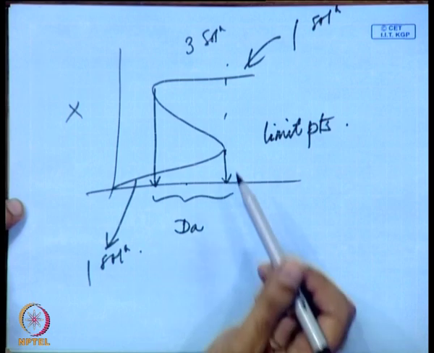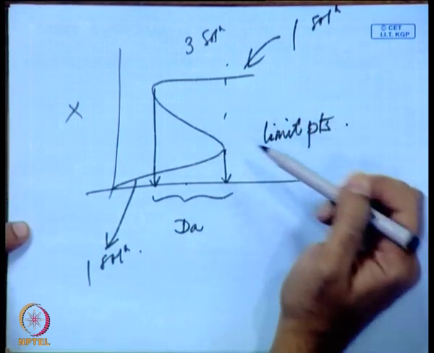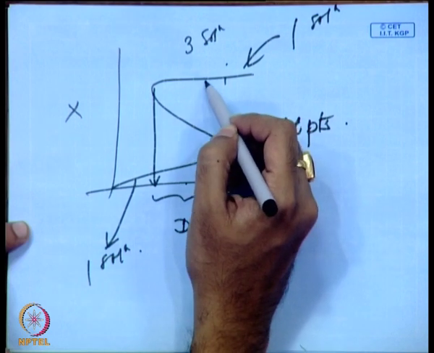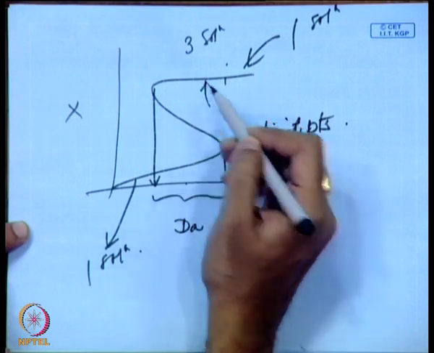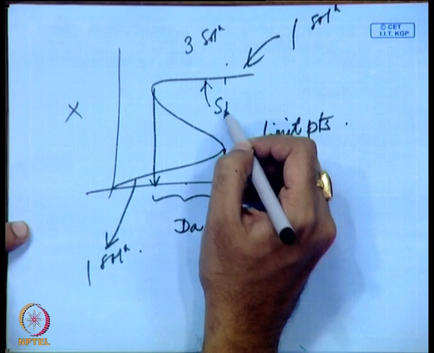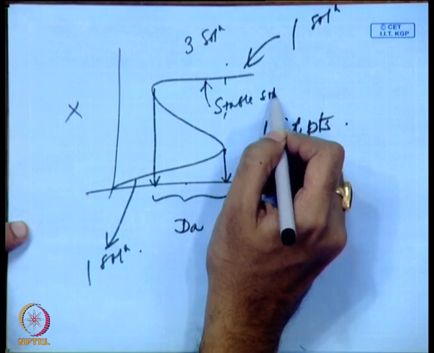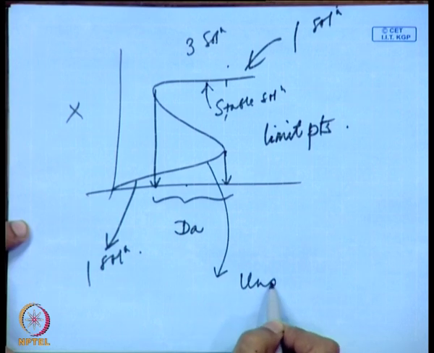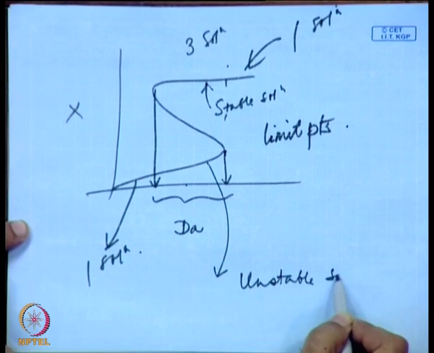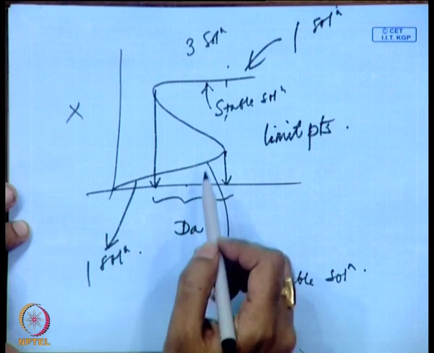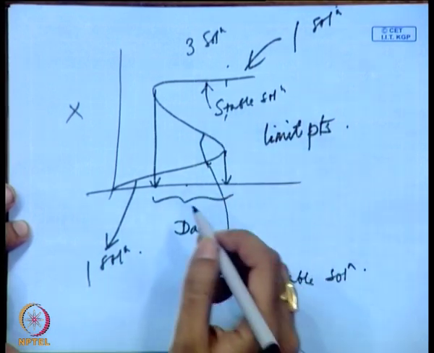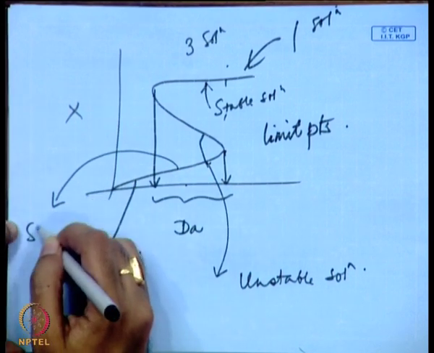So, if I look at this again, limit points, these two, and this is the ignited branch, a stable solution. This is an unstable solution, the middle one, and this is a stable solution.